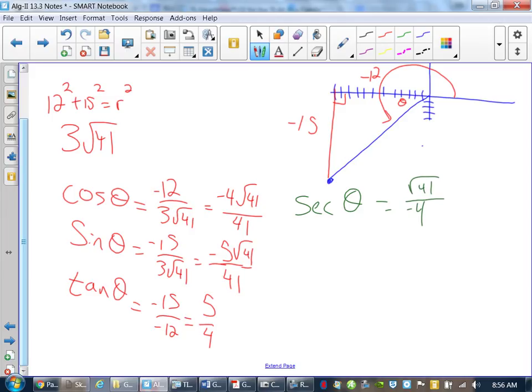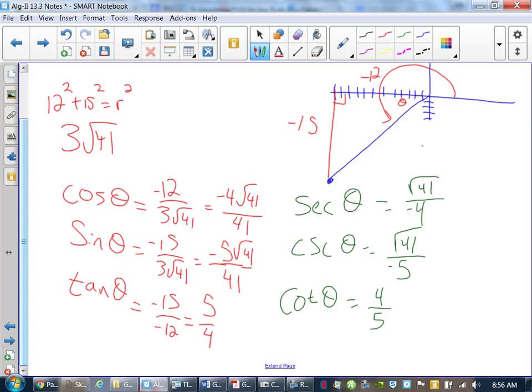Can I put the negative anywhere in that case? Yeah, doesn't matter. Same thing with the next one. The inverse of sine is cosecant. So you have root 41 over negative 5, and then cotangent is 4/5.